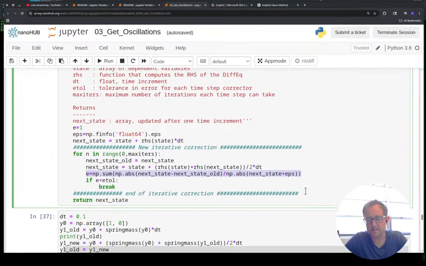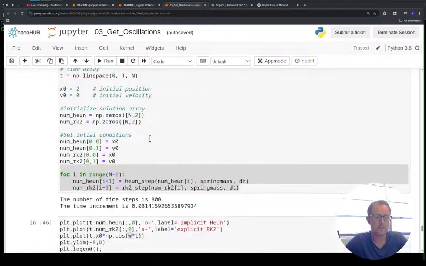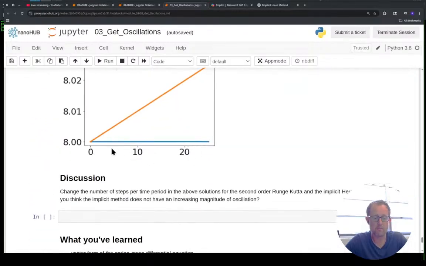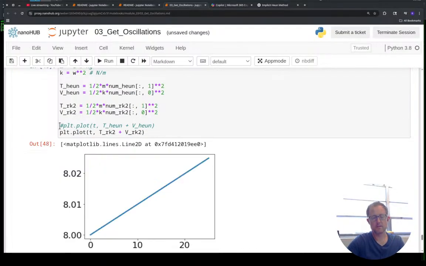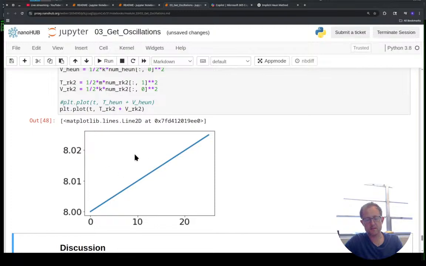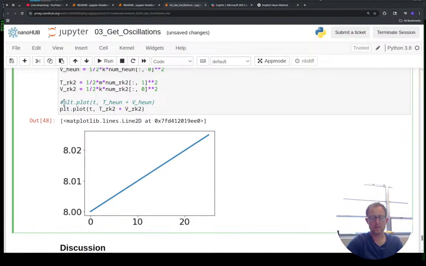But this is the main thing. Every implicit method will have something where it has an iterative correction. So they will all be better at conserving energy. They won't be perfect, because it's still, oh, whoops, not that one. I wanted to comment the next one.